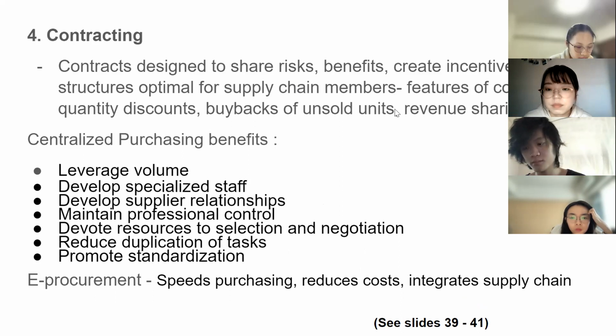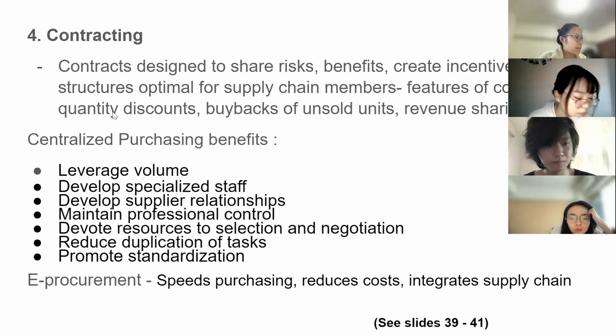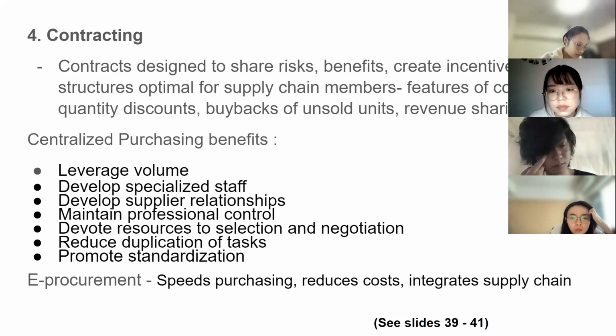There are a lot of members in the supply chain, from raw material until consumer. Some features of contracts include quantity discounts. You give a discount because of the volume. The more you buy, the cheaper it is.